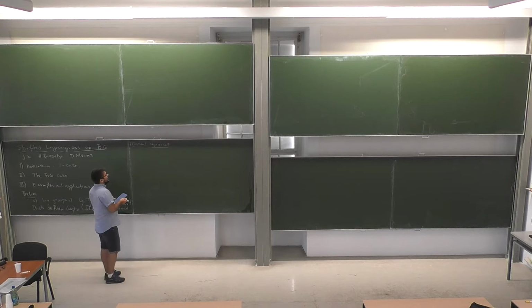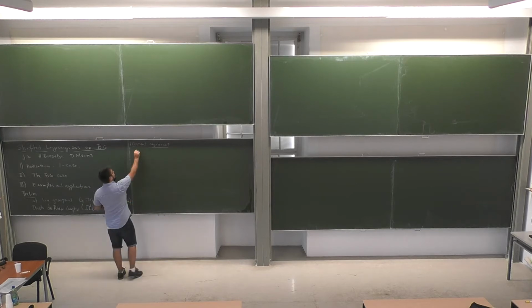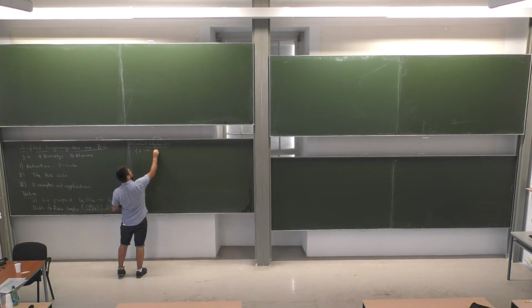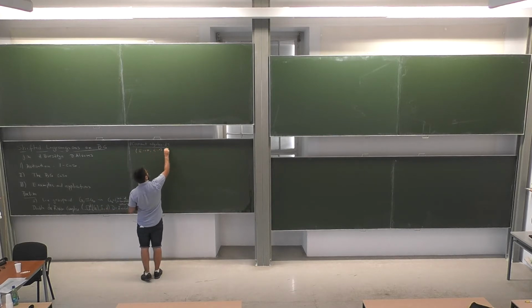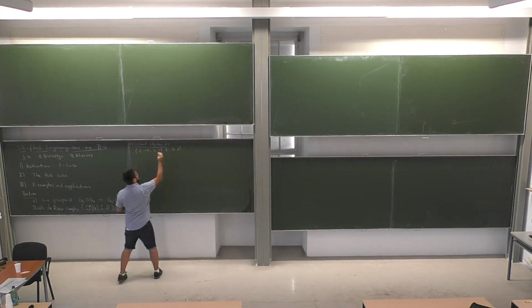So the only thing that I want to say here is that a Courant algebroid in general is just a vector bundle with a non-degenerate symmetric pairing, a bracket, and an anchor.